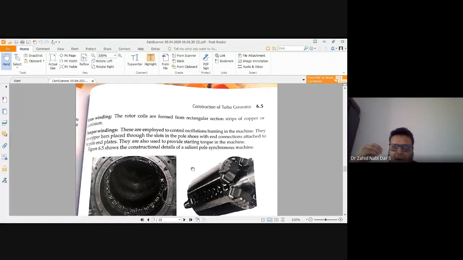This phenomenon of hunting is overcome by employing damper windings, and these damper windings produce torque. This torque is absorbed whenever there is a frequency dip or some power outage, and it is replaced to meet that outage for some time, like 5 minutes or 2 minutes.